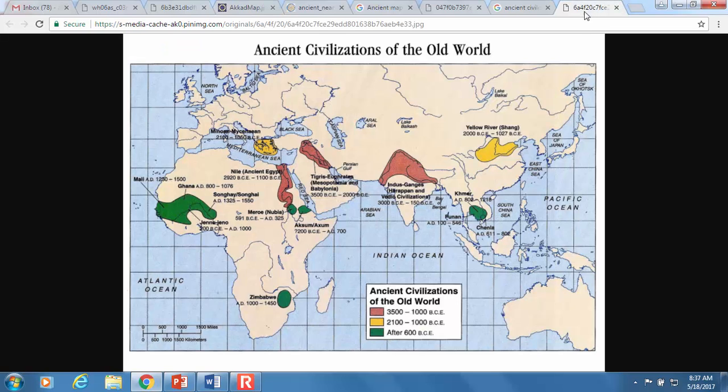It is believed that the Phoenicians may have been one of the first groups, or maybe even the first group, to sail as far as the Strait of Gibraltar. The Strait of Gibraltar, that's right here. This is Spain. This is Africa.